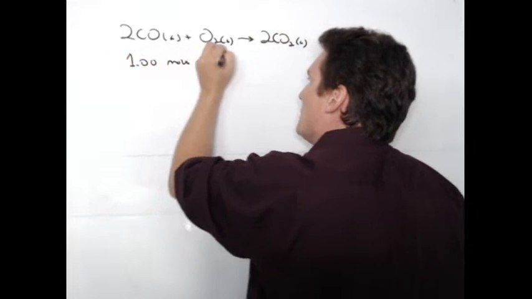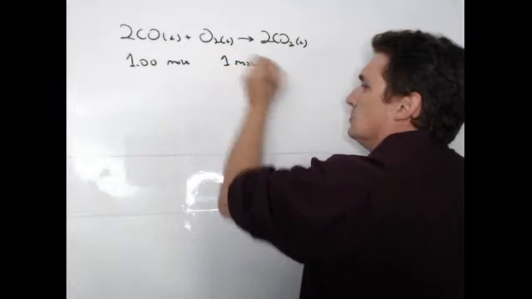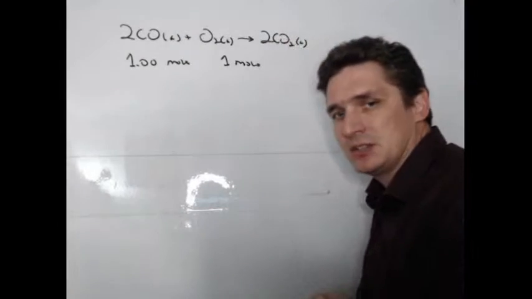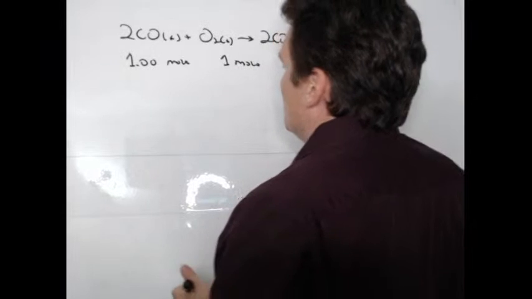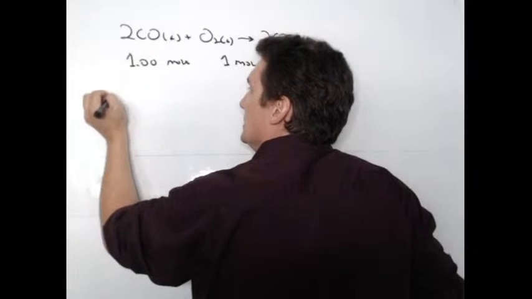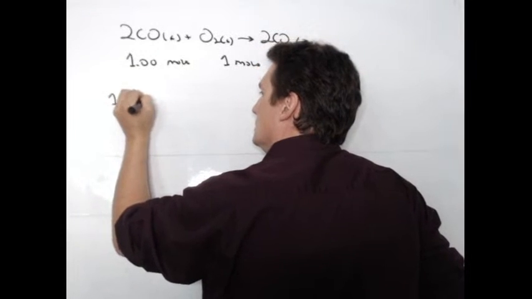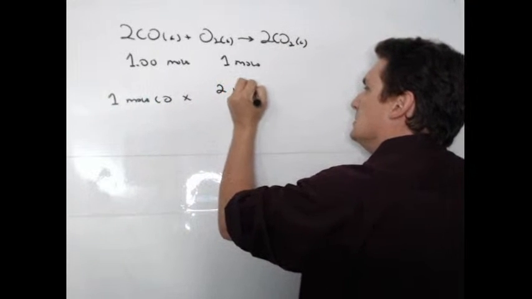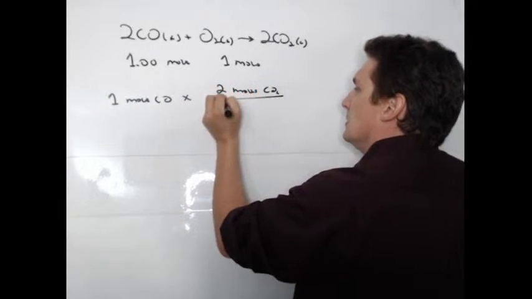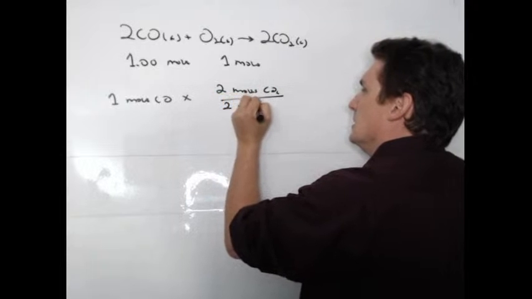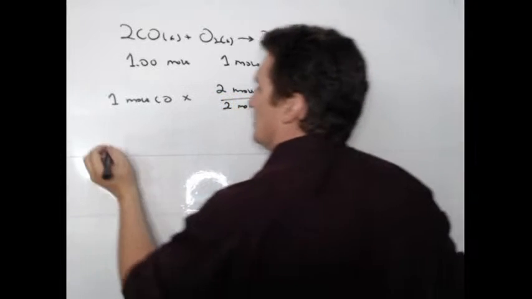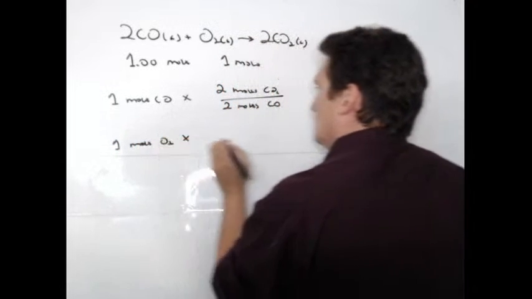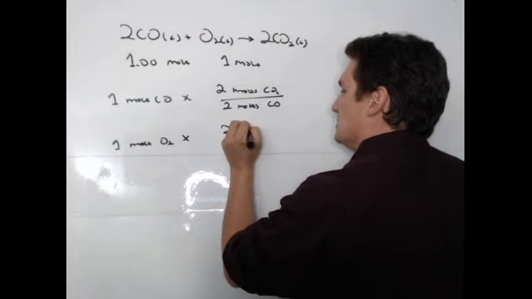So you know off the bat which one's the limiting reagent. It's the carbon monoxide. One way students are taught to solve these problems is to say, okay, figure out your moles of CO2. So we have 1 mole of CO, and we produce 2 moles of CO2 for every 2 moles of carbon monoxide, and for every 1 mole of O2, we produce 2 moles of CO2.